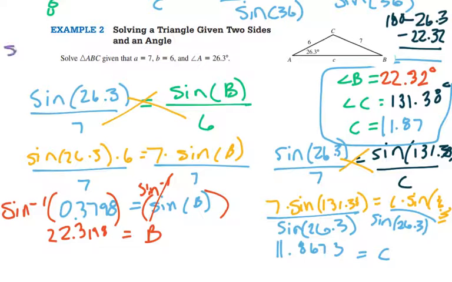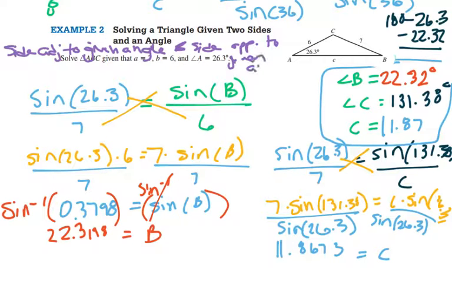The side adjacent to the given angle is smaller or less than the side opposite to the given angle. Because of that happening, there's only one solution.